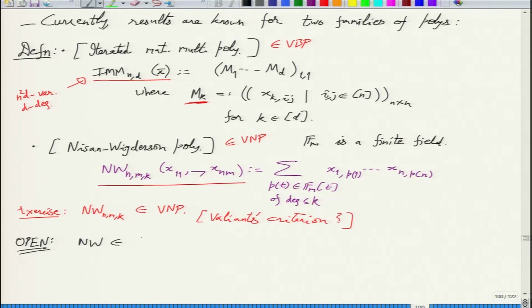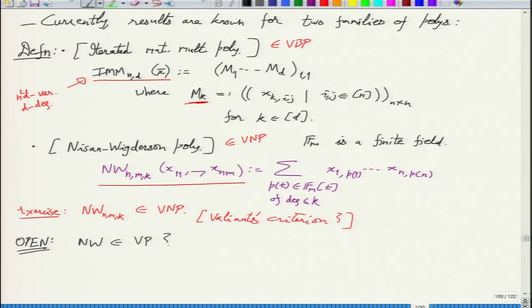So is NW in VP? That's an open question, with some assumptions on n, m and k. Here n is the number of variables, and it's a family. We never talk about a single polynomial in VNP. It's an infinite family of polynomials. So for these polynomials, what are the results known? Upper bound you have seen.